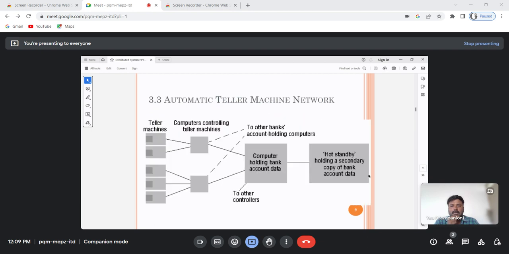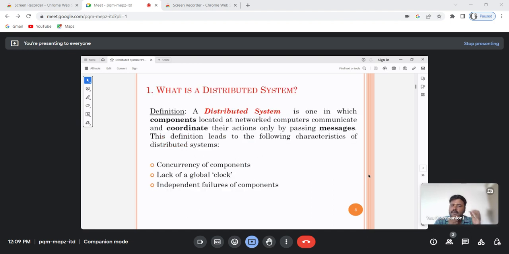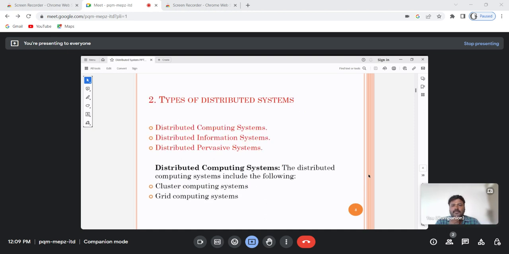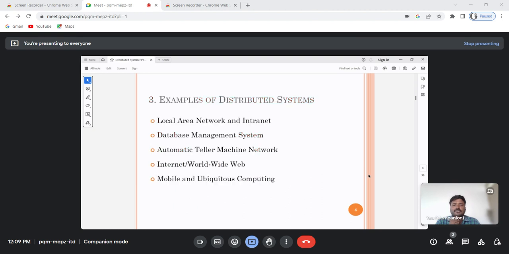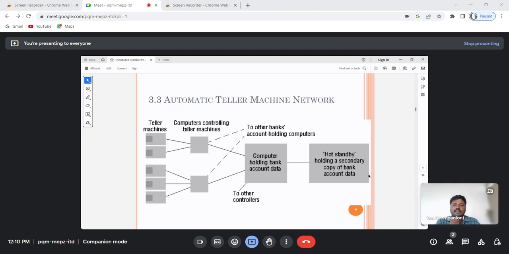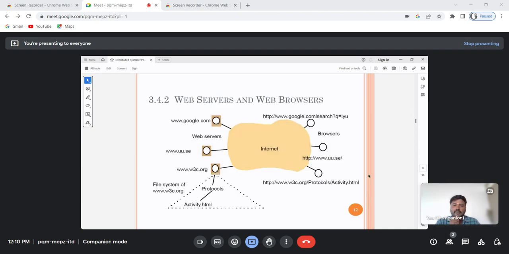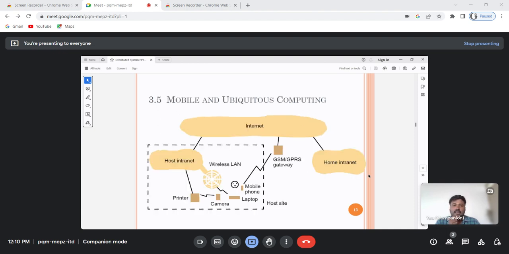Okay, so till this we have completed the different types of distributed system. In this session we have seen what is a distributed system, what are the types of distributed system, and what are the real-time examples such as LAN, DBMS, automatic teller machine network, internet, world wide web, web servers, file servers, web browsers, mobile computing, and ubiquitous computing.